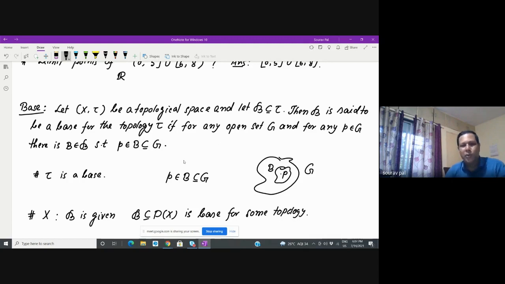Now, how can we determine the topology? If we know a base, there is a topology that it generates. And how does it generate?